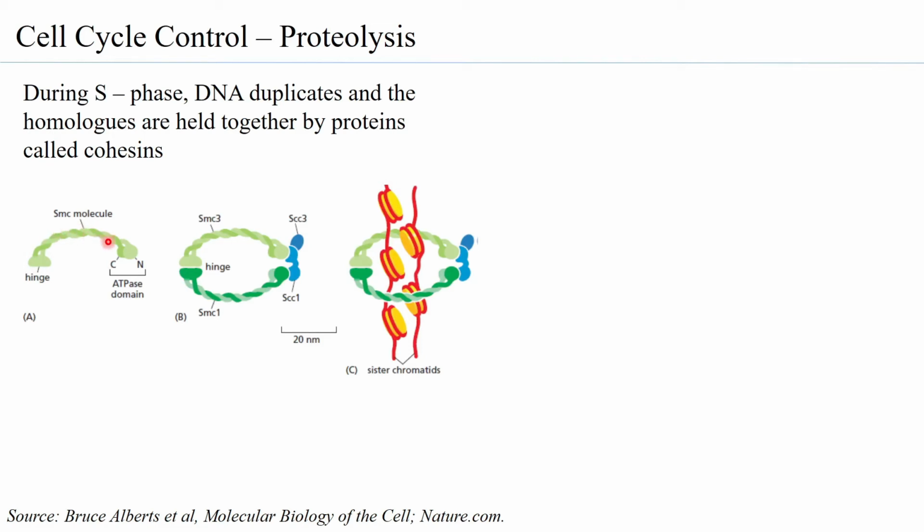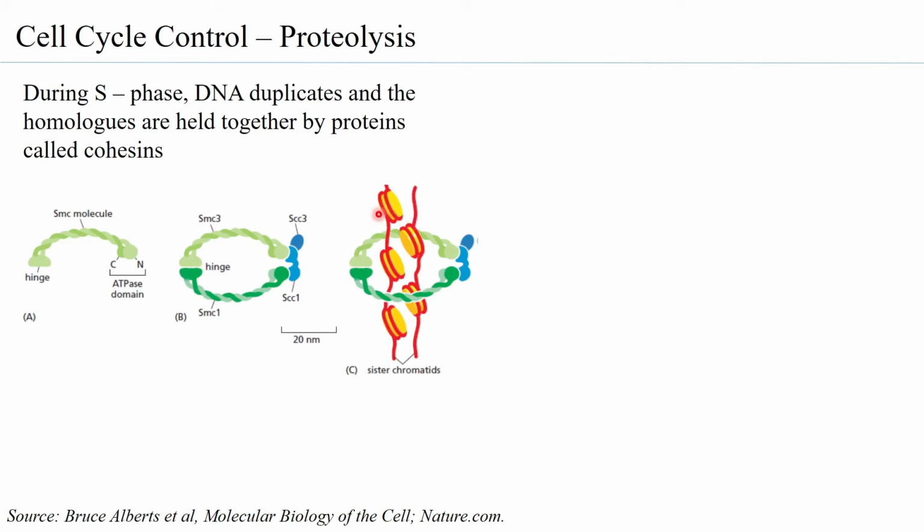These molecules form a complex with four basic proteins. You have SCC1, SCC3, SMC3 and SMC1 coming together to form a loop-like structure, and at this point it can open and close, right? So this is going to hook up or hold together two sister chromatids.